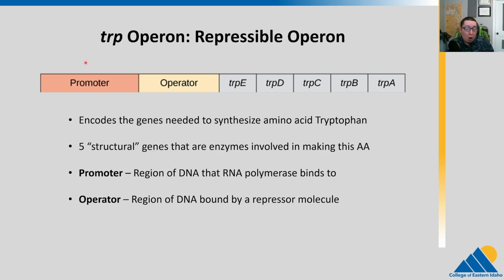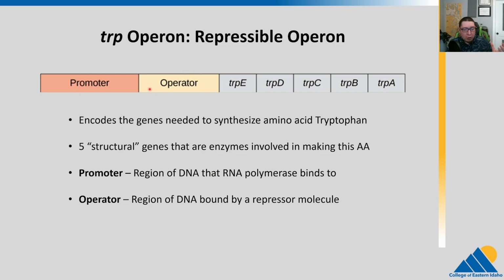So this operon has a promoter, and then it has a region called an operator. I will talk about this in just a sec. Then we have the structural genes. So this is going to get transcribed all as one big long mRNA, and then the 5 different proteins get made. The promoter is the region of DNA where the RNA polymerase is going to bind. Next to the promoter is a sequence we call the operator.